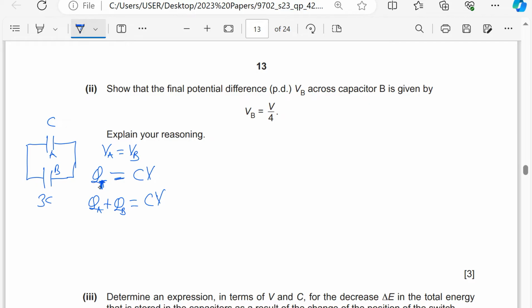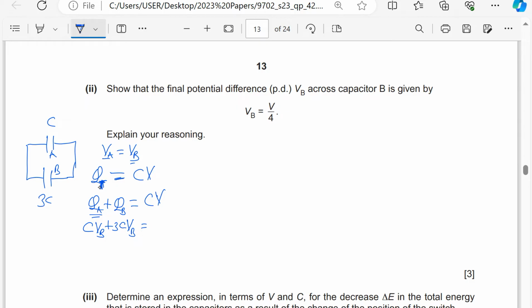Okay, but remember, charge is C times V. So the charge which remains on capacitor A is going to be capacitance C of A times the PD across it, which I've just called VB, because VA and VB are the same. Then plus the charge which goes on capacitor B, which is the capacitance 3C times the PD across B, which is the same, VB.